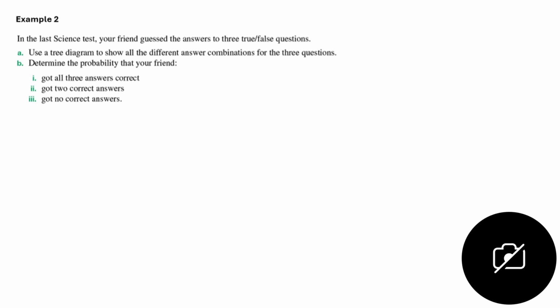So I can see here that we guess the answers to 3 true or false questions. Now, true or false is a bit of a clue. If something is true or false and you're guessing it, that means that you have a 50-50 chance, or a half chance, of getting your question correct. So that's going to help us when we draw our tree diagram.